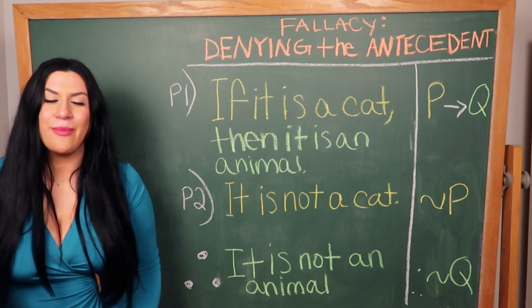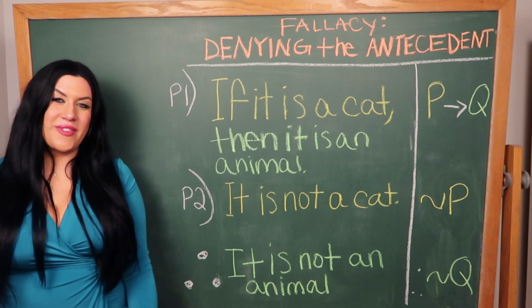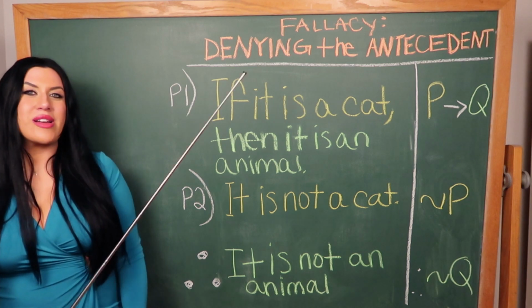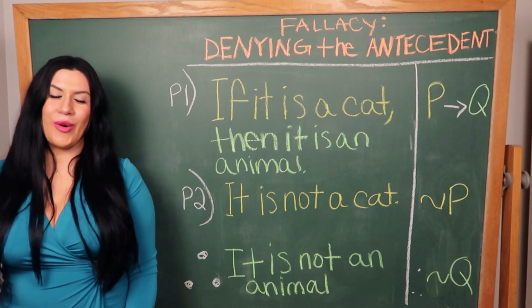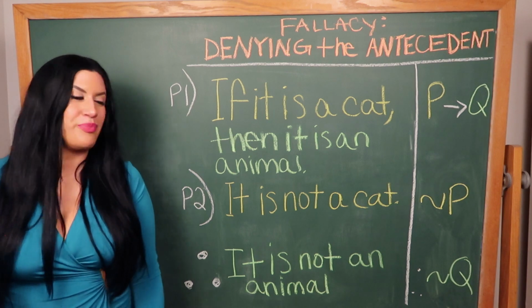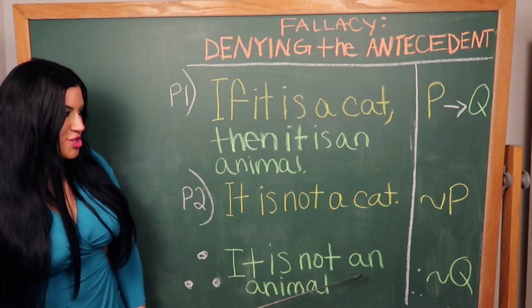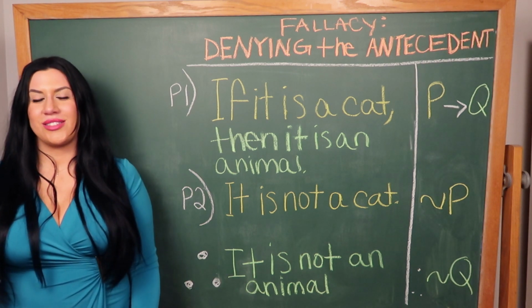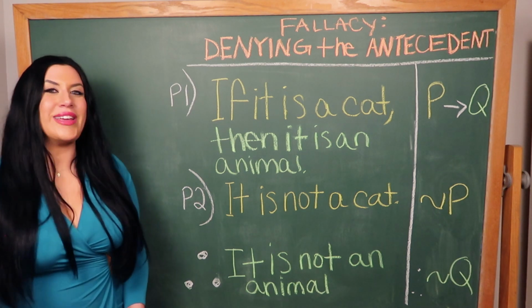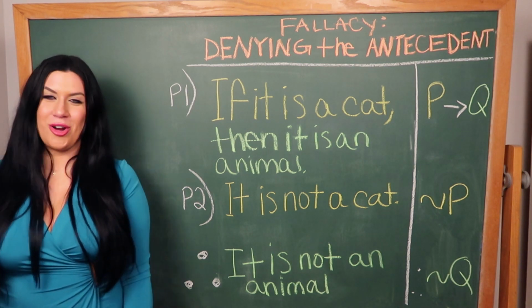What's fascinating about this example and this fallacy of denying the antecedent is that there is no new information on the board. The premises and the content are the same. All I did was switch these two statements. By switching the statements, I have now created an invalid argument.